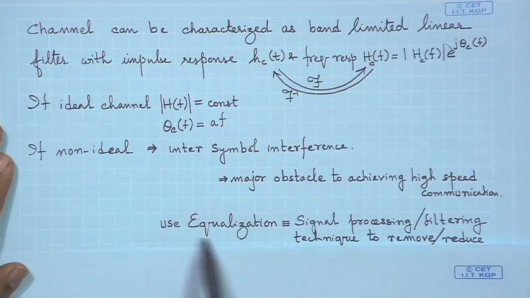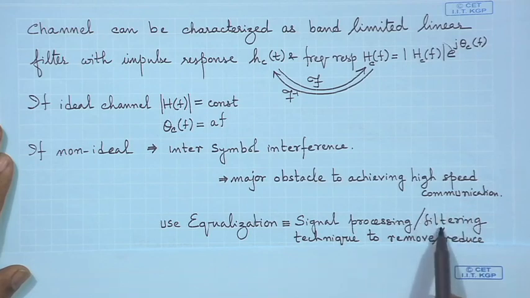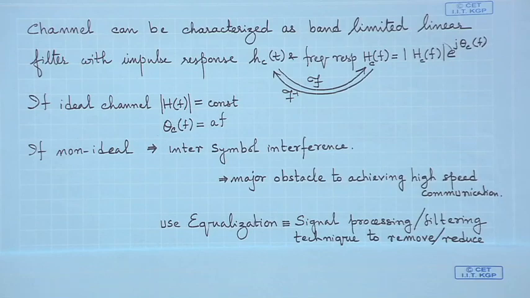By signal processing we mean that we are going to use some form of filtering, because at some point we stated that the complete transfer function of the system, which is the transmit filter, the channel transfer function followed by the receive filter as well as the equalizer together, should give us a 0 ISI situation.